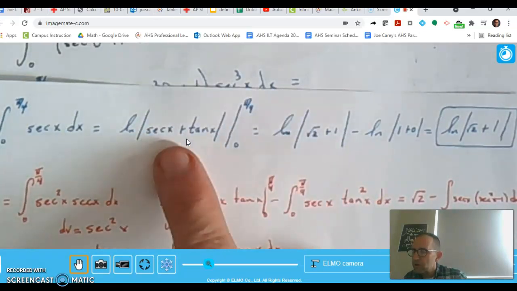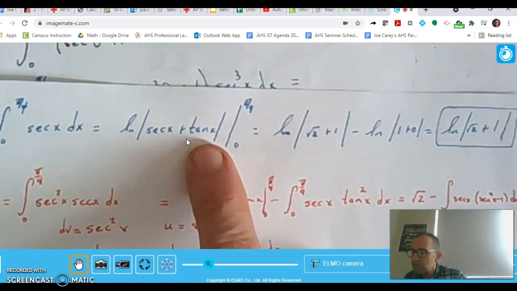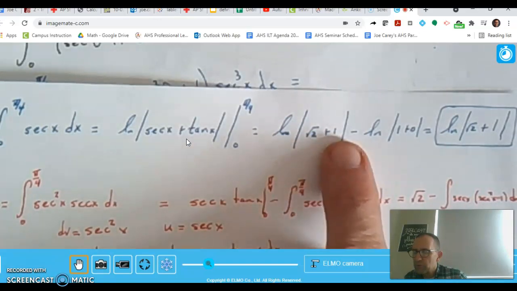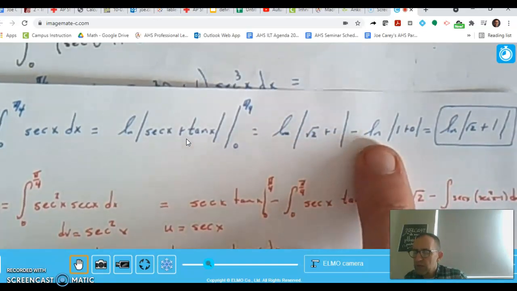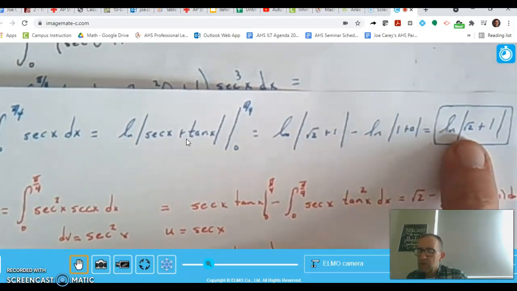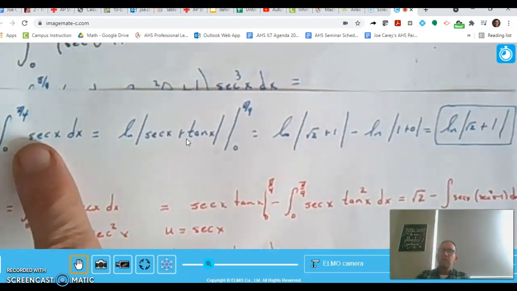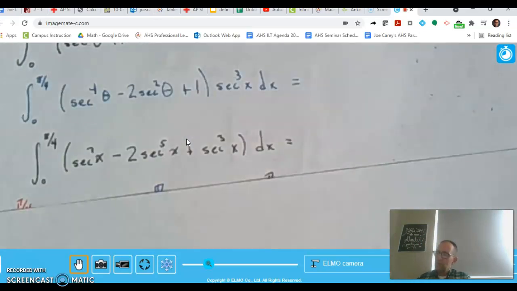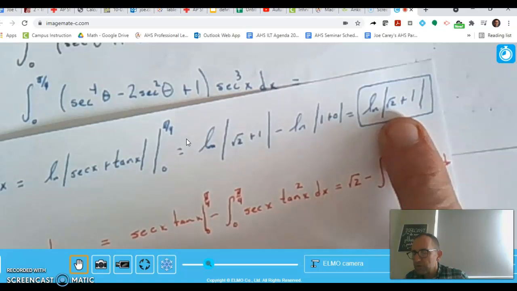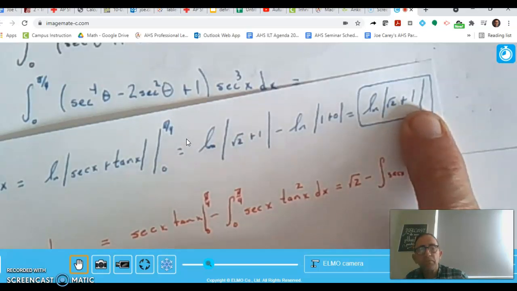When we plug in 0, the secant of 0 is 1 and the tangent of 0 is 0. So we end up with the natural log of the square root of 2 plus 1 for our first term, and the natural log of 1, which is just 0, for the second term. So when we integrate the secant between 0 and pi over 4, we're going to get the natural log of the absolute value of the square root of 2 plus 1.